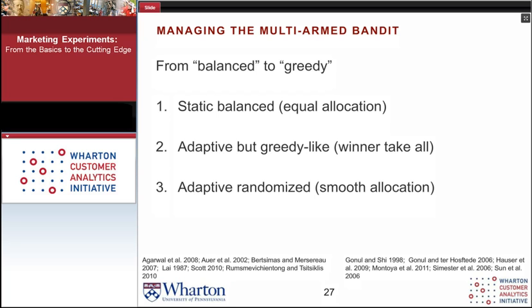You don't want to be as risk averse as just doing nothing as a static experiment, but we want something more adaptive but also smoother allocations, right? That's precisely what we're going to be able to get in some of these advanced ways to manage this multi-armed bandit problem. So let me describe some of these benchmarks. Then I'm going to get into something called probability matching that will answer exactly that point number 3.